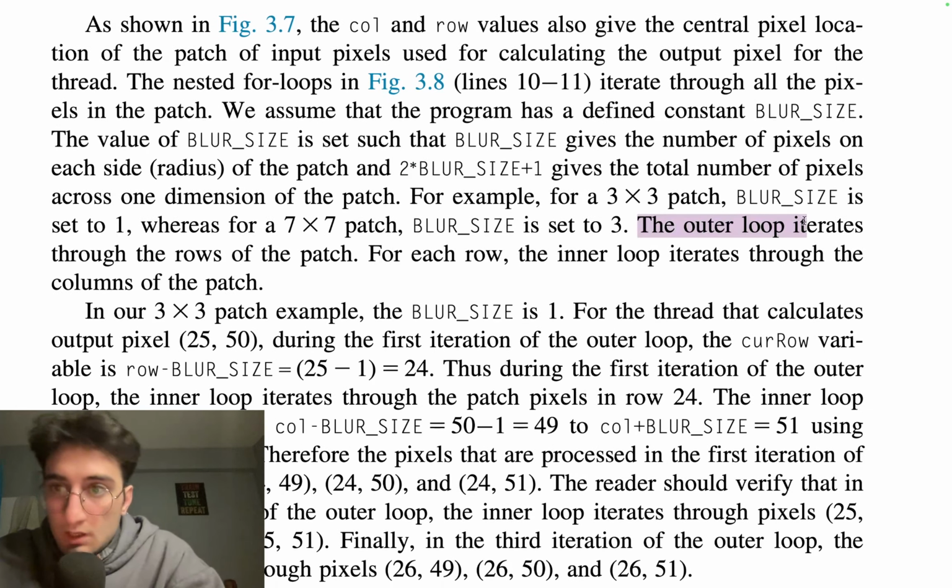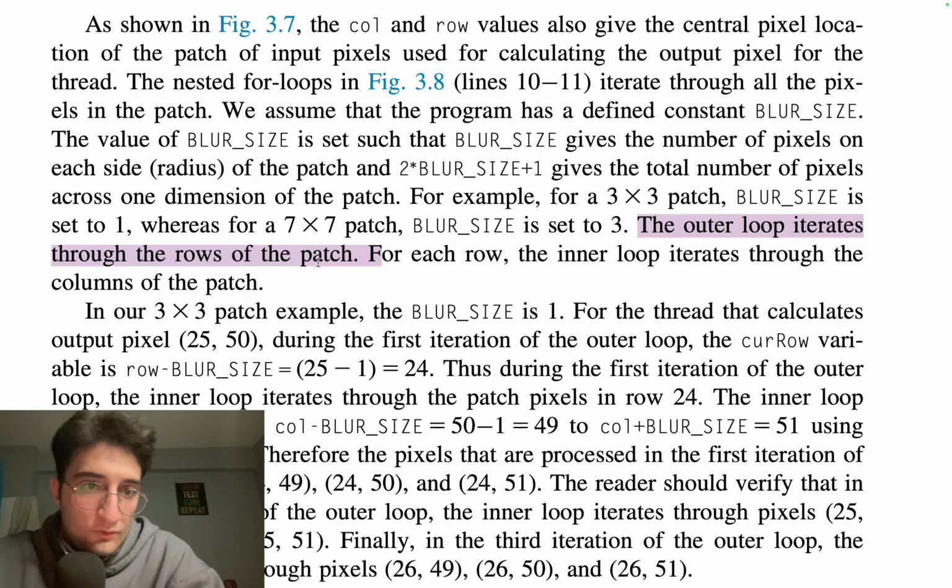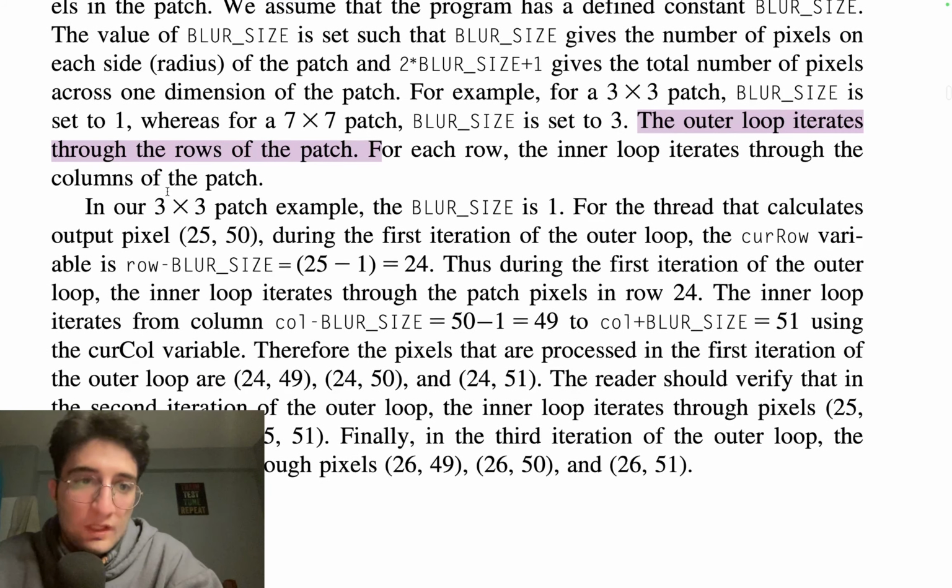Okay, the outer loop iterates through the rows of the patch. For each row, the inner loop iterates through the columns of the patch. In our 3 by 3 patch example, the blur size is 1. For the thread that calculates output pixel 25,50, during the first iteration of the outer loop, the current row variable is row minus blur size, which equals 24.